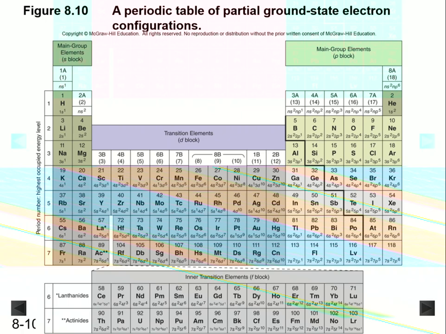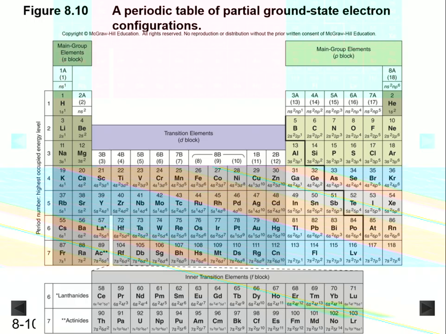At the bottom, of course, the gray block, the intertransition series, there are some more complicated behaviors here, particularly in the middle of that, element number 64, that's Gd, gadolinium. You can see it has a 4f7, and that's to create a half-filled subshell. And then you can see two over, we have dysprosium, and that ends up having a filled 4f.